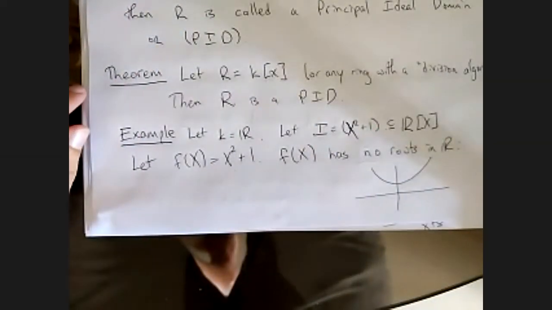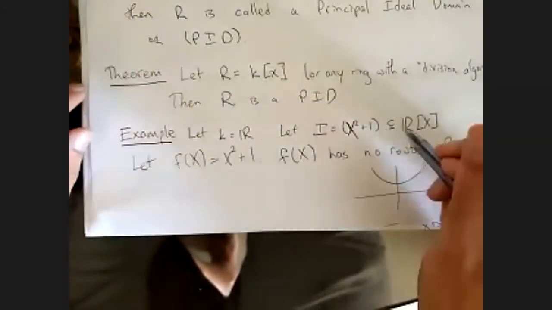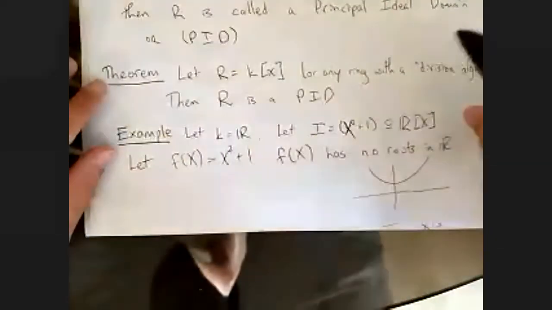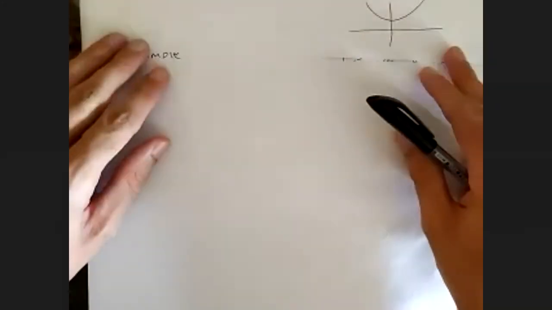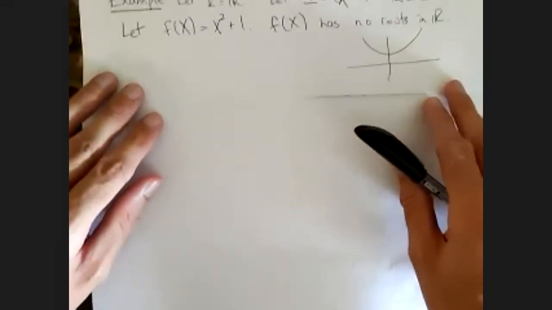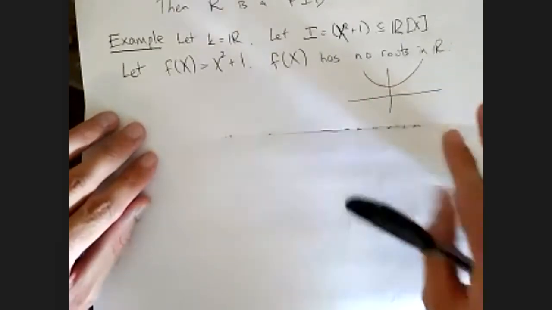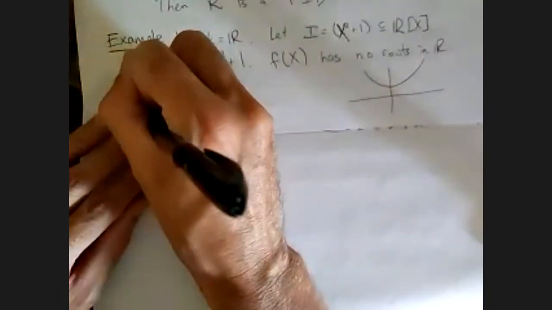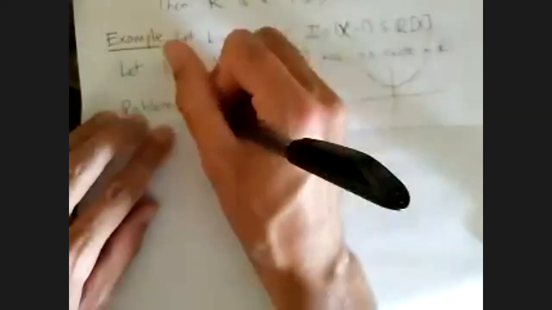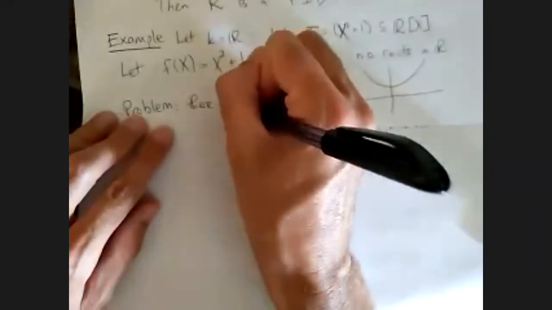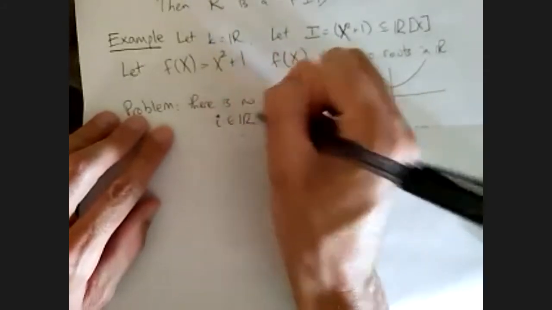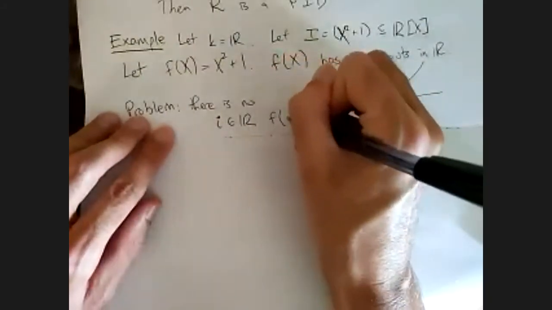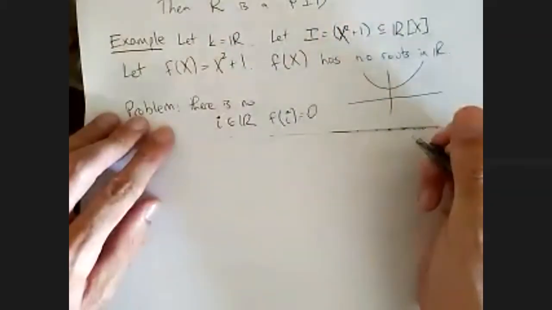So how do we invent this field? It's similar, we take a quotient. Our problem is there's no number with f of i equals 0.